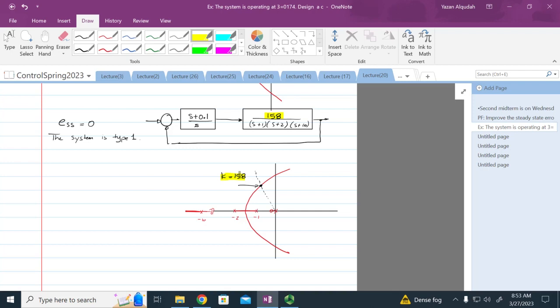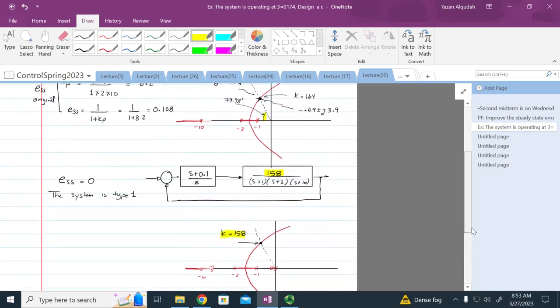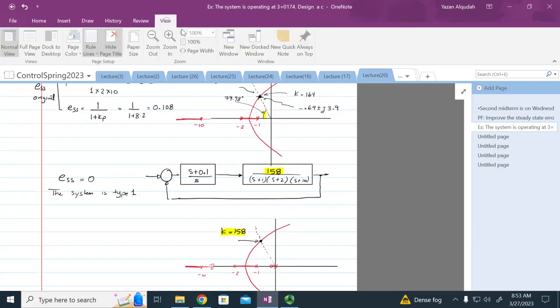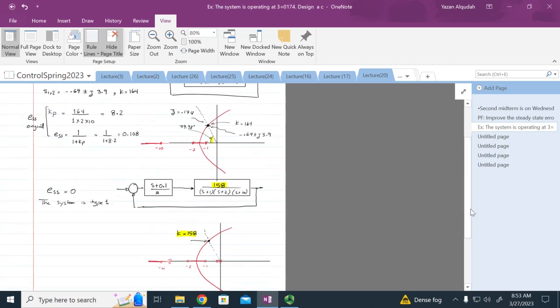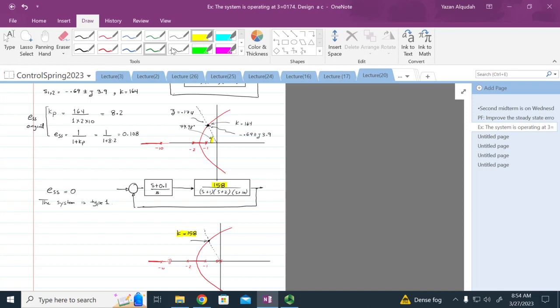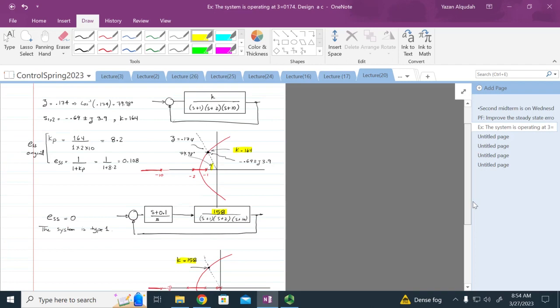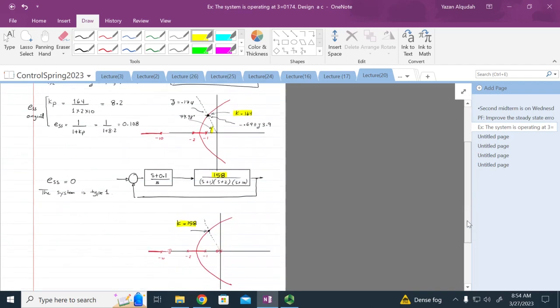So again, looking at both of these, without the compensator, I was working with K equal to 164. I had a damping ratio zeta that was equal to 0.174.